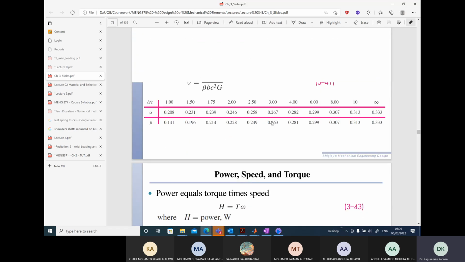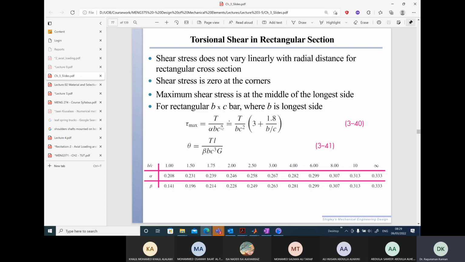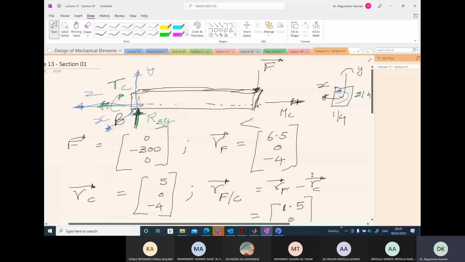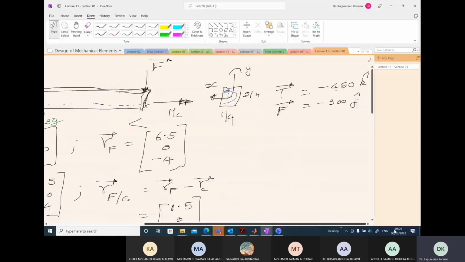Let's go back to the formula here. The largest side is B. So first we find B over C ratio. Five by 4 or 1/4 equal to 5.